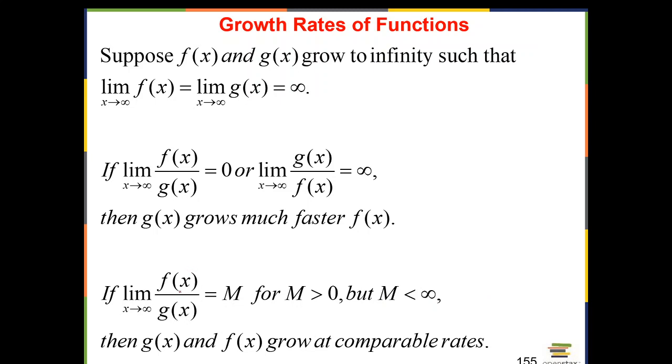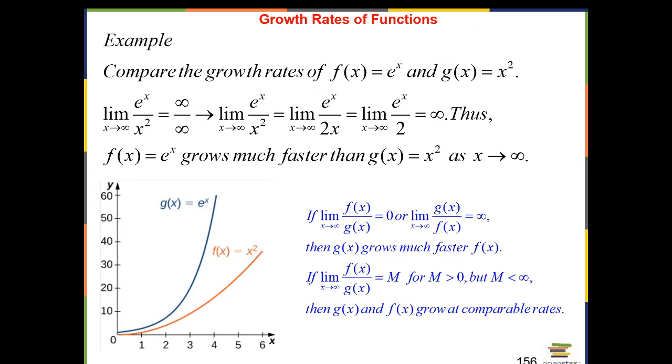That means neither gets so much bigger than the other that the ratio goes to 0 or infinity. The ratio still stays some number as x goes to infinity. So in this case, we say the two functions grow at comparable rates.